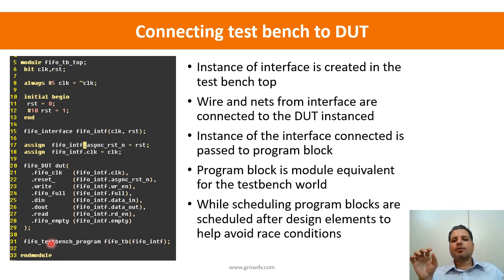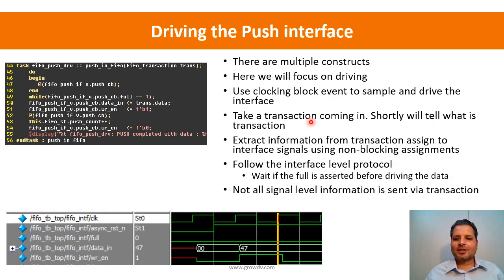The reason for using the program block is that in terms of scheduling, it prevents the races that can happen between the test bench and RTL. So this is all that you need to understand from this piece of code. I hope you are with me so far.